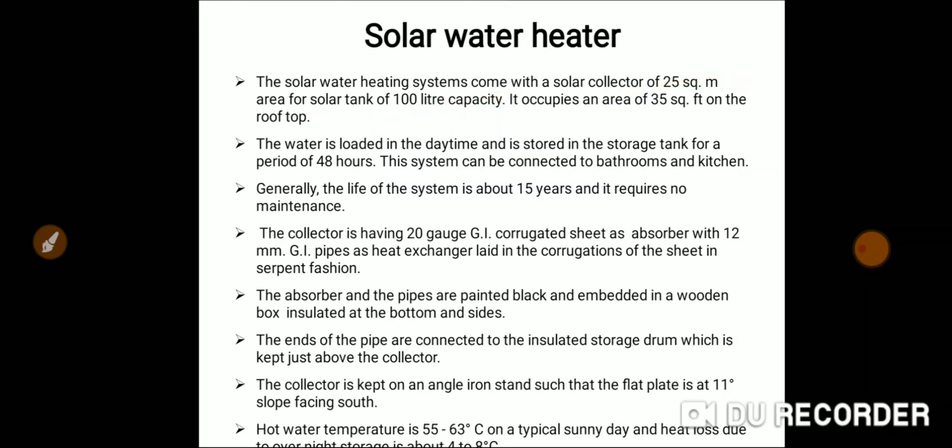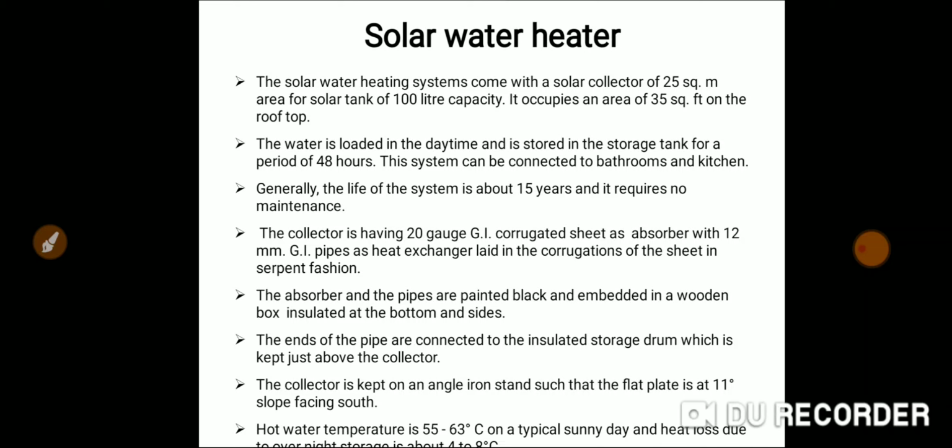About 25 square feet area is needed on our rooftop for the solar tank, and about 35 square feet area is occupied on our rooftop by this solar water heater, because it includes the storage tank, collector and other parts. All the components will be installed in 35 square feet area.